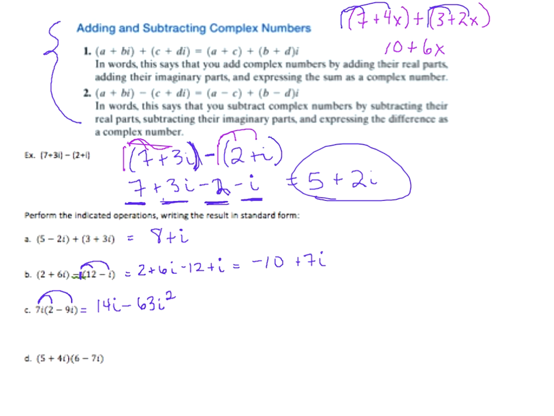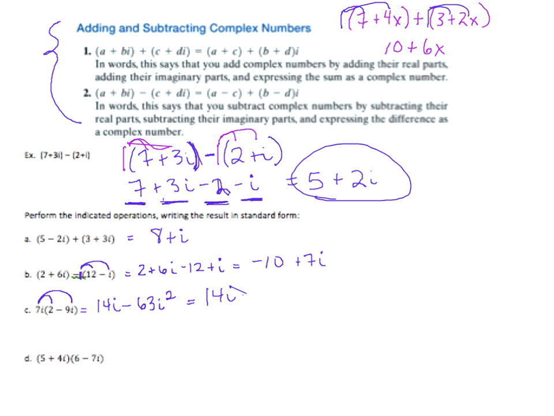You can't leave i squared there because it does not have an exponent of 1. So i squared is the same exact thing we just learned on the last page. i squared is the same thing as negative 1.